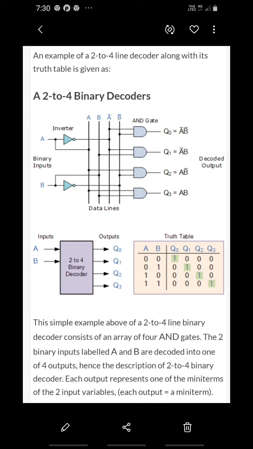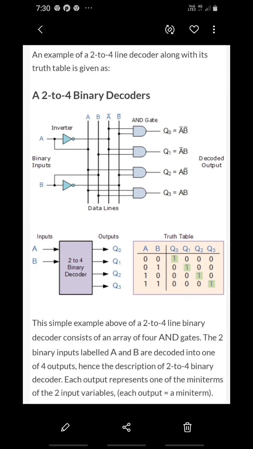Q1 is equal to A bar B, Q2 is equal to A B bar, and Q3 is equal to A B.